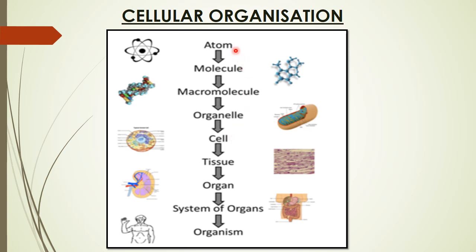Atom is the basic structural unit of non-living things. Atoms combine to form molecules, and molecules combine to form matter. However, in living beings, these atoms and molecules form the basic living units which are called cells. Cells combine and form the organism.